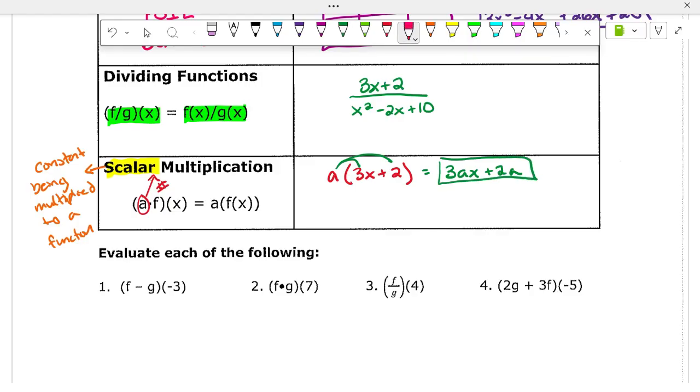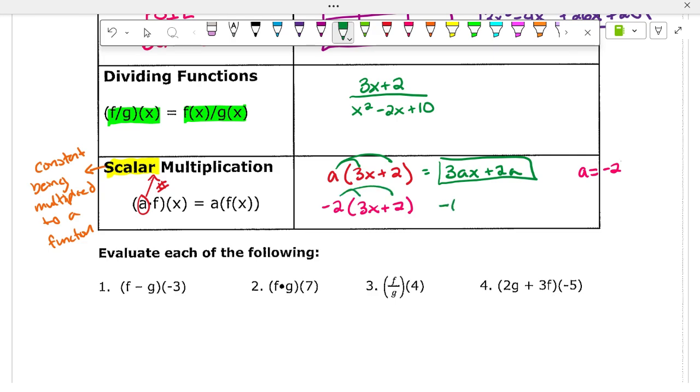Now, for something a little bit more concrete, let's say a was equal to -2. So we would set it up like -2 times 3x plus 2. And again, you would just distribute.